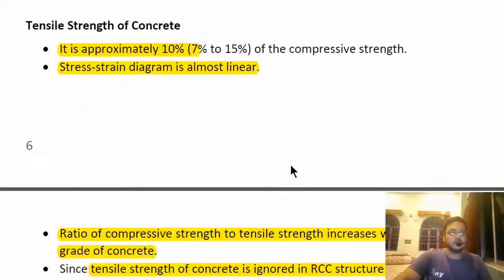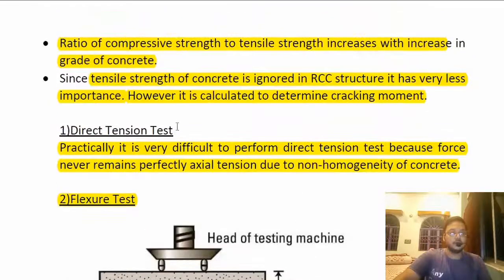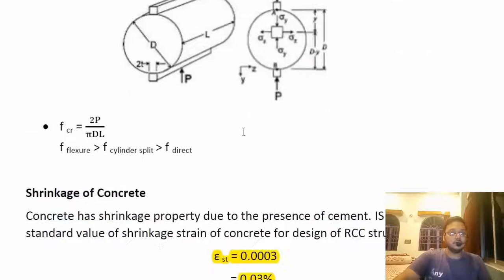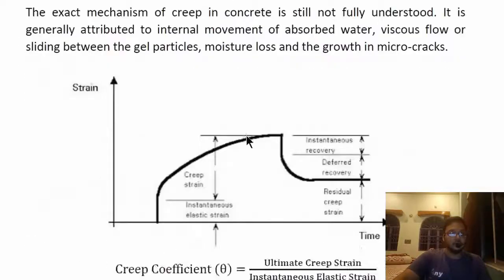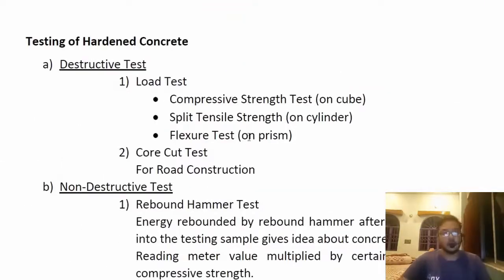After that, we came upon two or three tests, and now in the third part of this video, we will be discussing the testing of hardened concrete, the actual testing which is done on the hardened concrete.